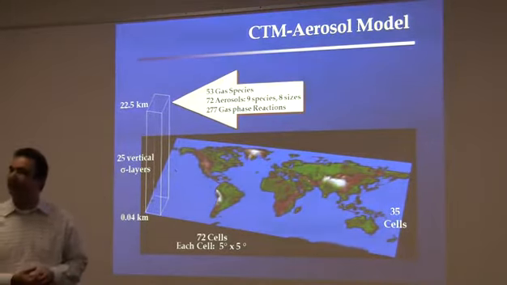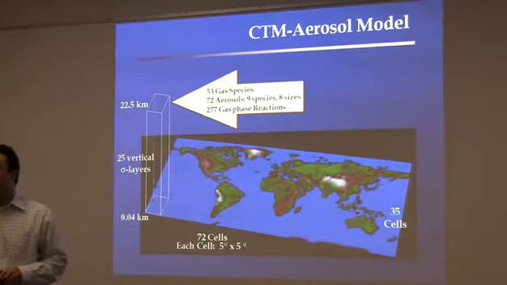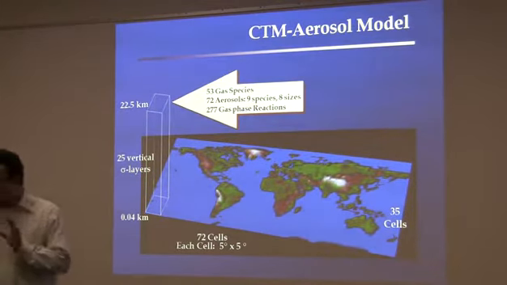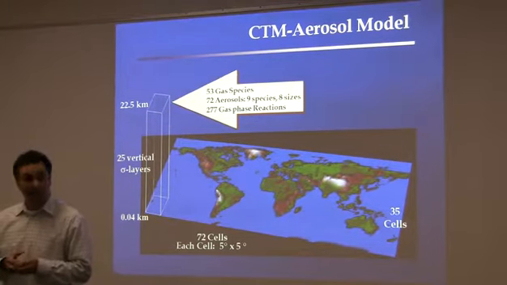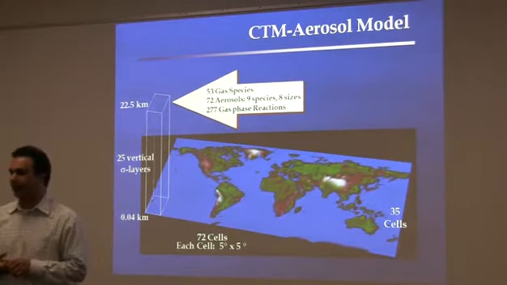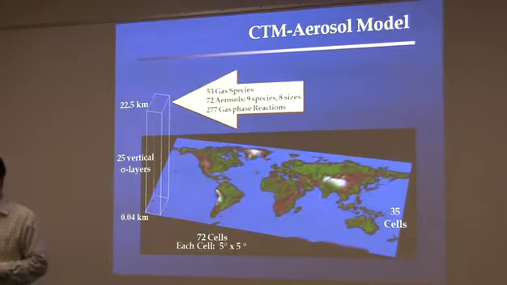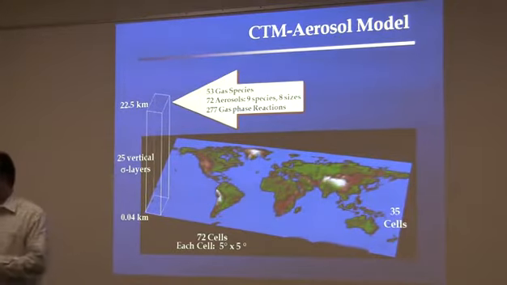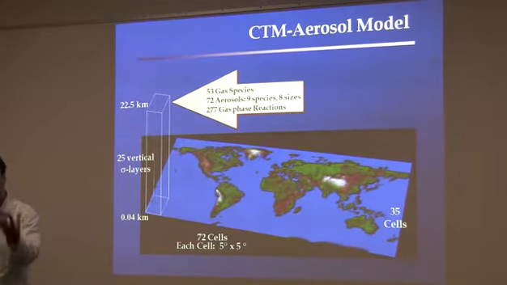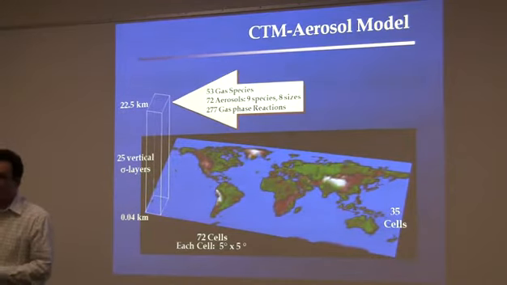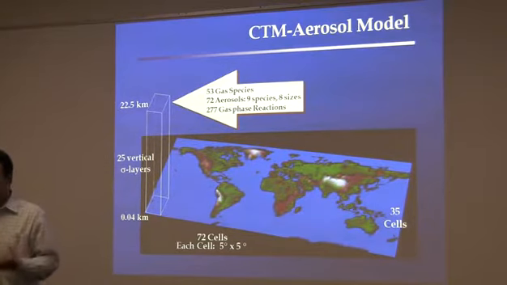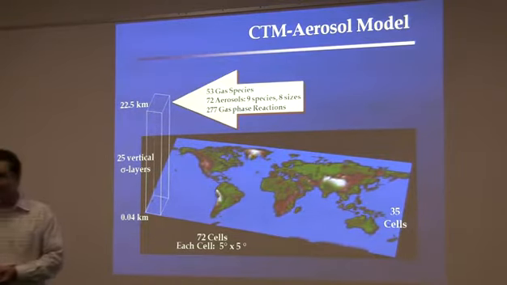CTM stands for chemical transport model, and that has a lot more detailed chemistry than a climate model. You can afford that with today's computers, but in order to do that, you have to give up something, and what you give up is the fact that you cannot go in time 100 years or 1,000 years. You have to go a few years in time.